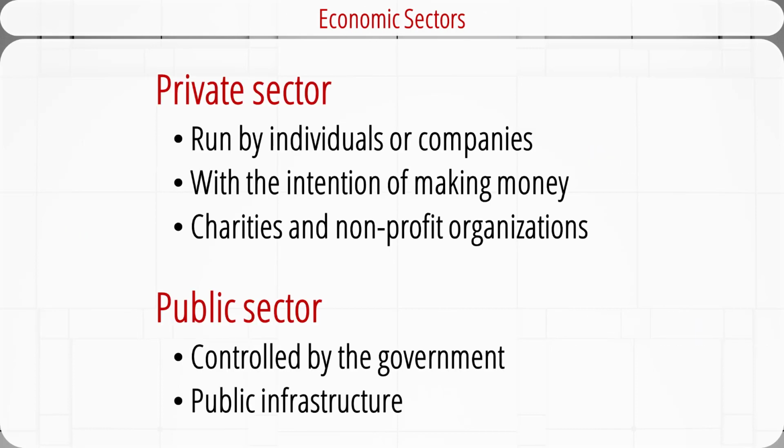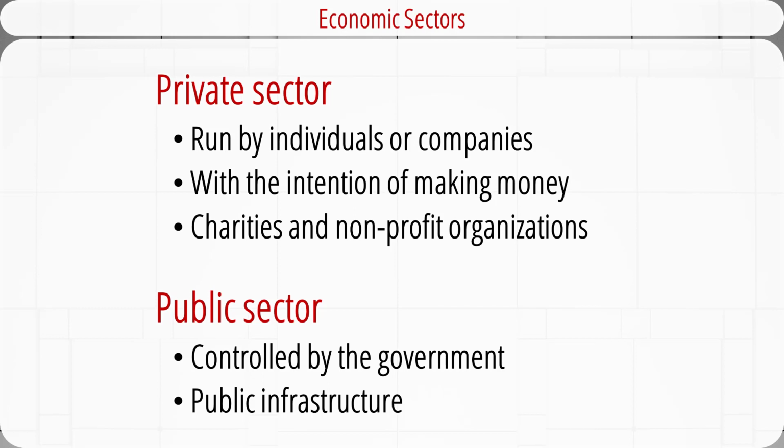A nation's economy can be roughly divided into two sectors, the private sector and the public sector. In the private sector, the businesses are run by individuals or companies. Most private sector organizations are run with the intention of making money. Charities and non-profit organizations are also considered parts of the private sector.